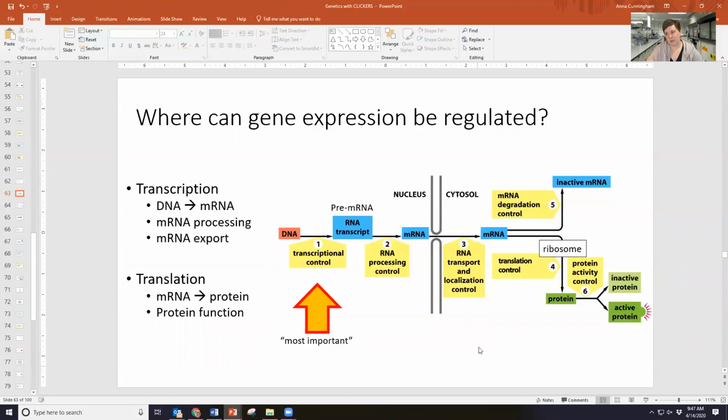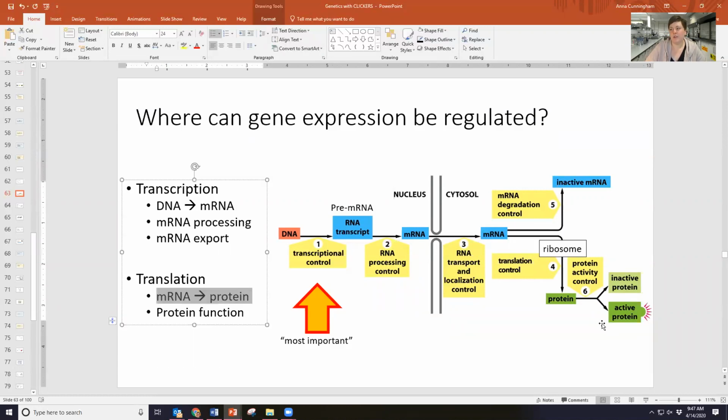If it does escape the nucleus, you can see RNA transport localization. We can prevent it from getting to a ribosome. And then a couple of important things that we'll talk about more specifically later: we can actually interrupt the process of making that mRNA into a protein.